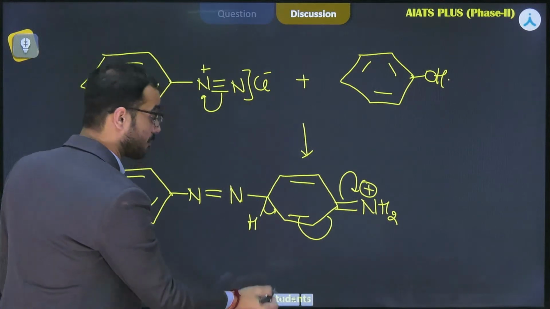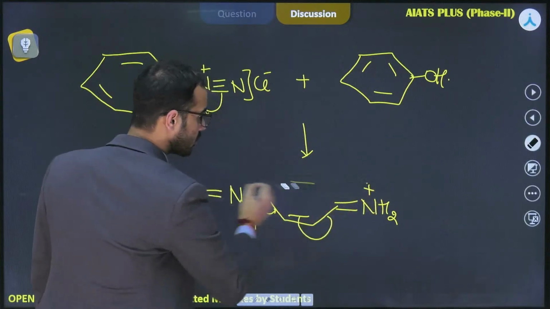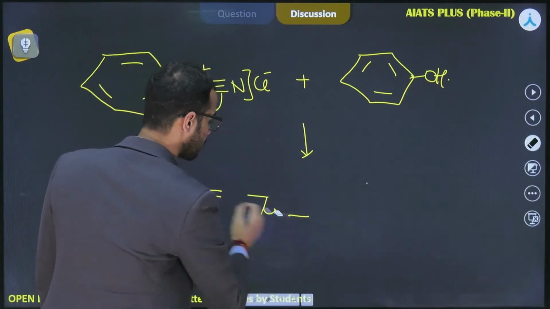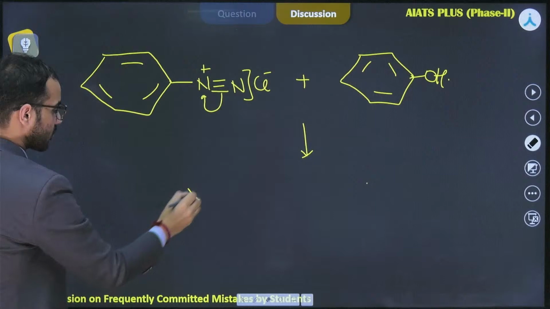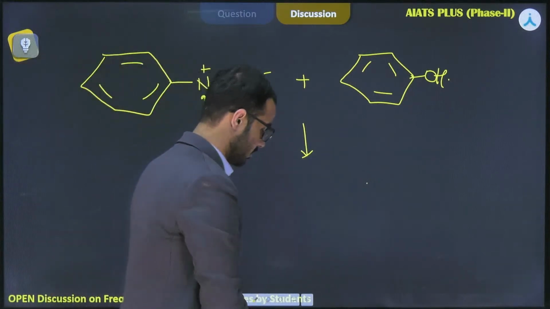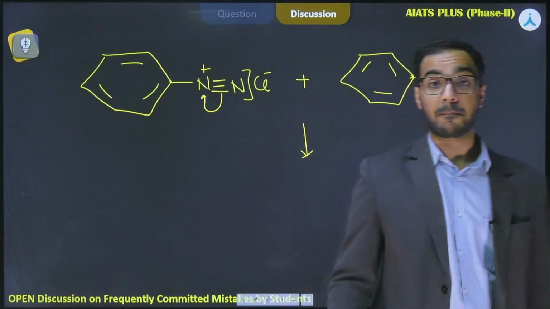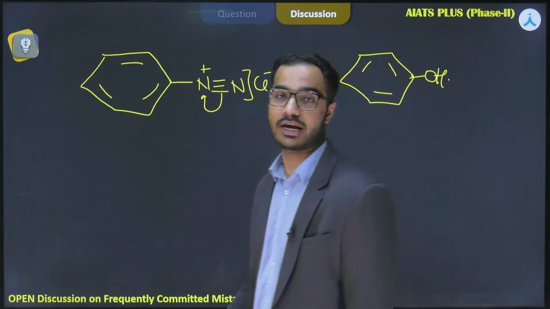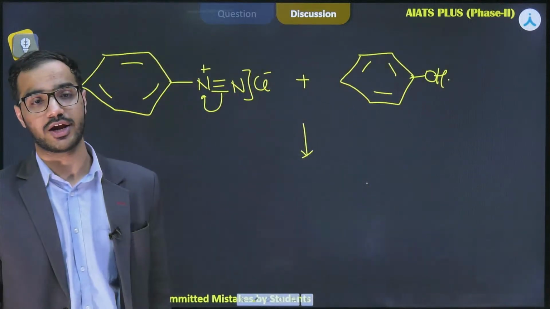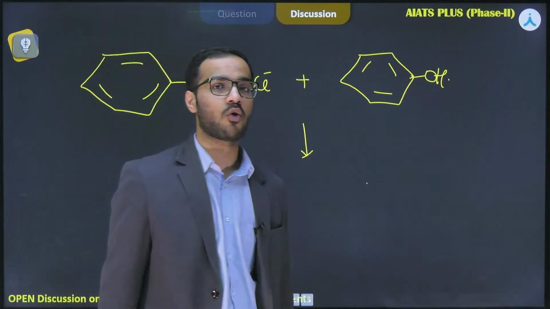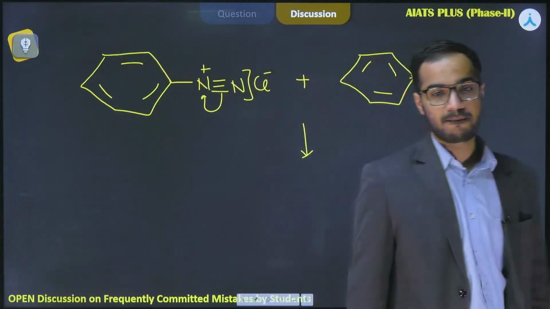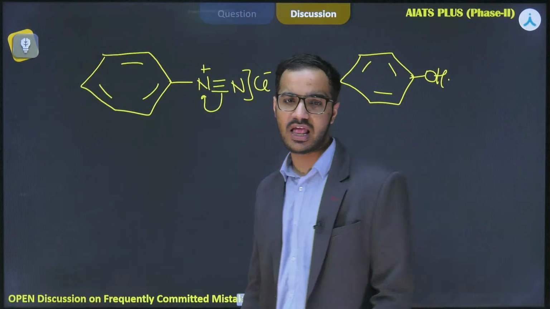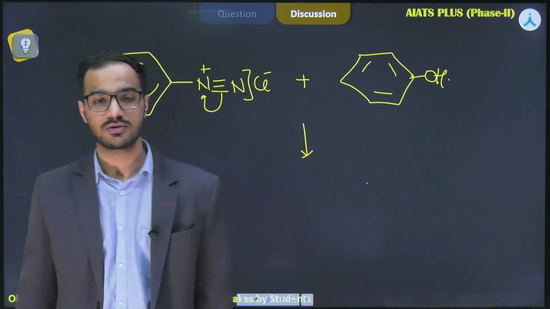So what will be the color of the product formed? If you are replacing the aniline with phenol and reacting with benzene diazonium chloride, what will be the color of the dye formed? Can anyone in the class give me the answer?